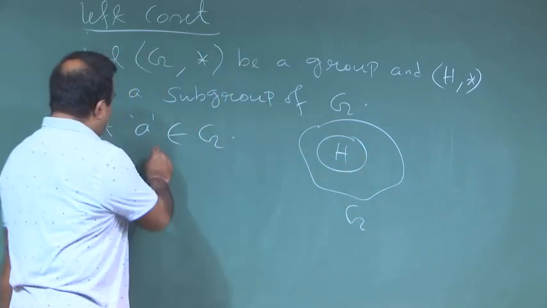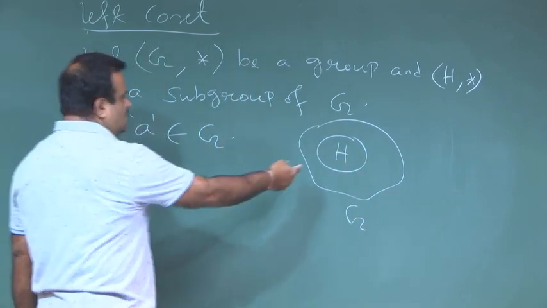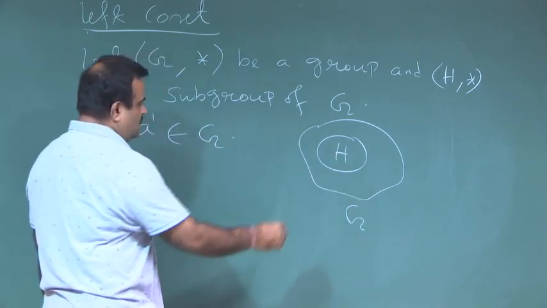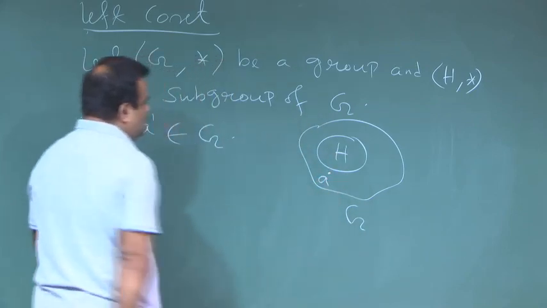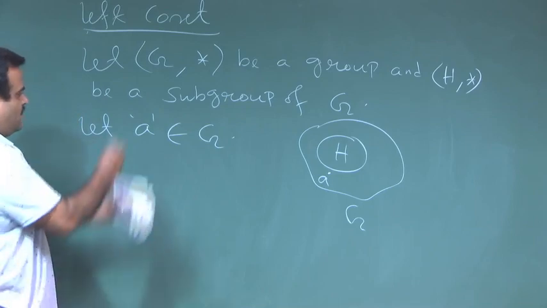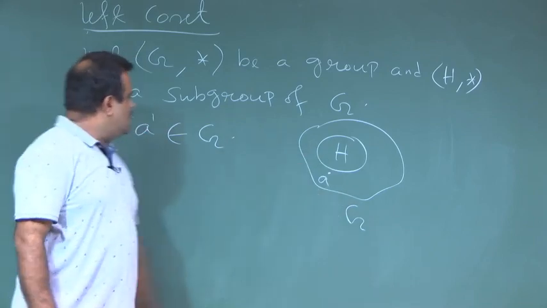Now, we take an element from G, this may be from here, this may be from here, it does not matter. We take an element from G anywhere, it could be in H also.